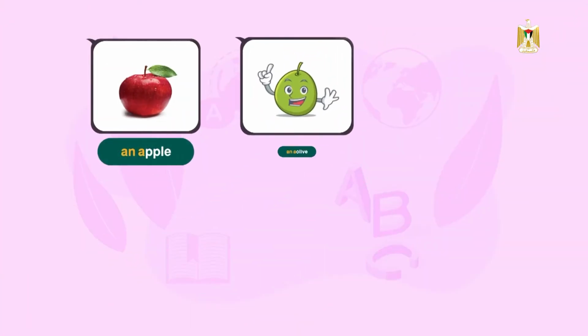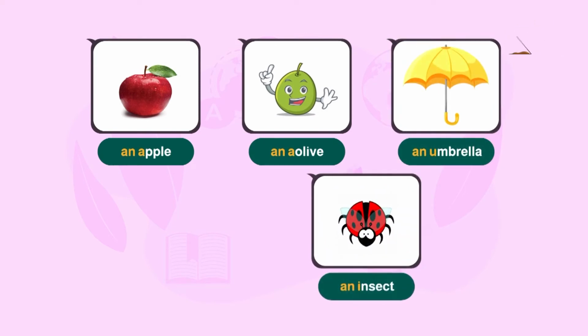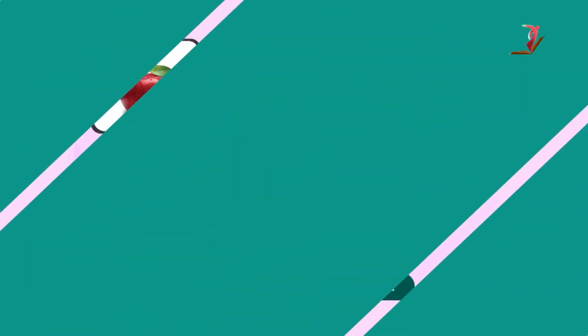What are the vowels? The vowels are a, o, u, i, and e. We say, for example, an apple, an olive, an umbrella, an insect, and an egg.